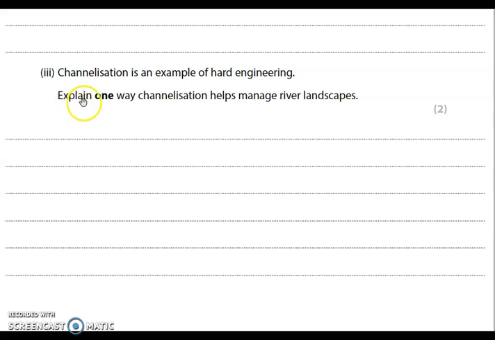Okay, so you've got to use the connectives to show that you're explaining. It's worth 2 marks, so you want to describe what channelisation is and then explain how it helps to manage river landscapes. One of the key ways of managing river landscapes is reducing flooding. So what is channelisation? How can it help to manage or reduce flooding or manage the landscapes? Have a go now.